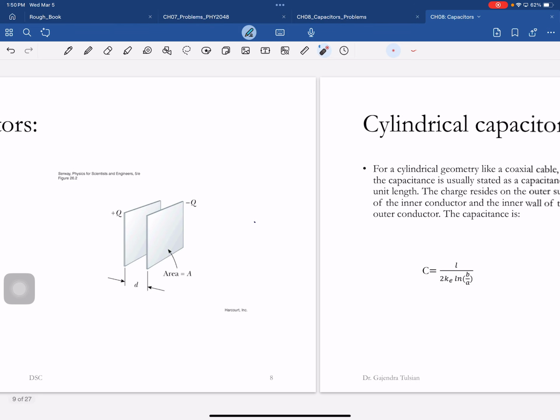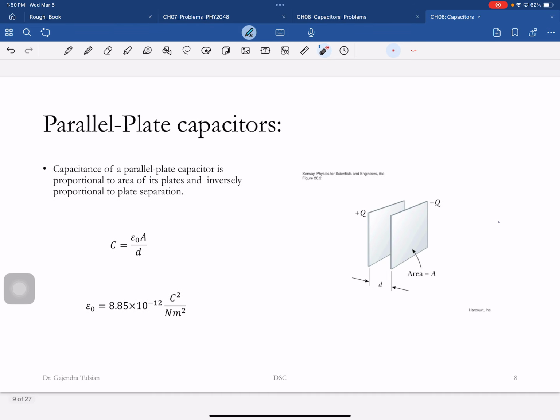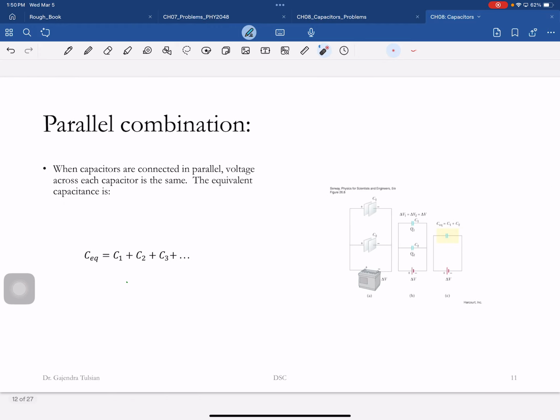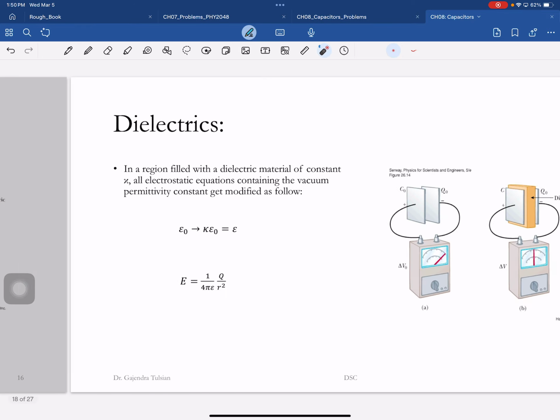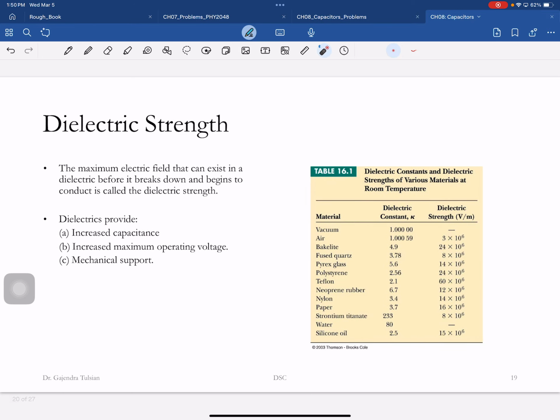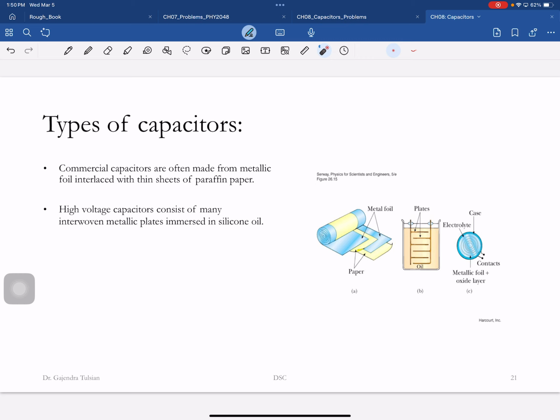Do the plates have to be flat? No. Here's a metal sheet, an insulator, a metal sheet, and then you can wrap it up and put it in your pocket.